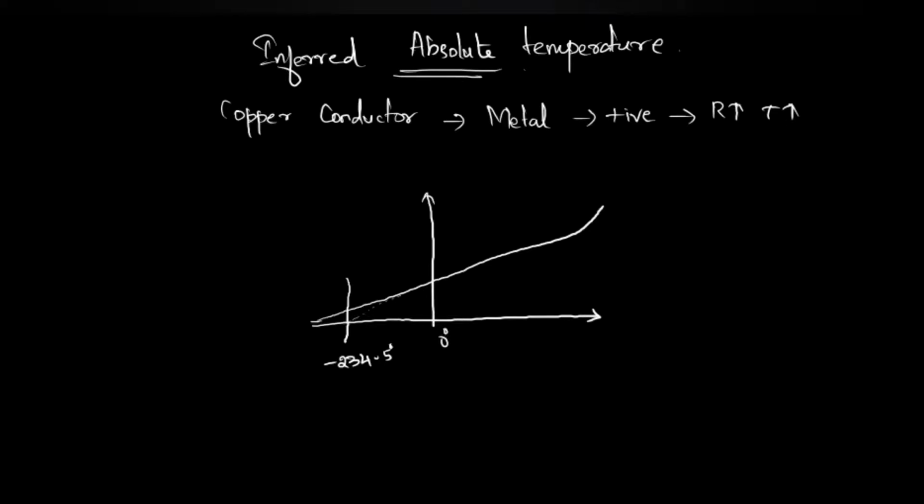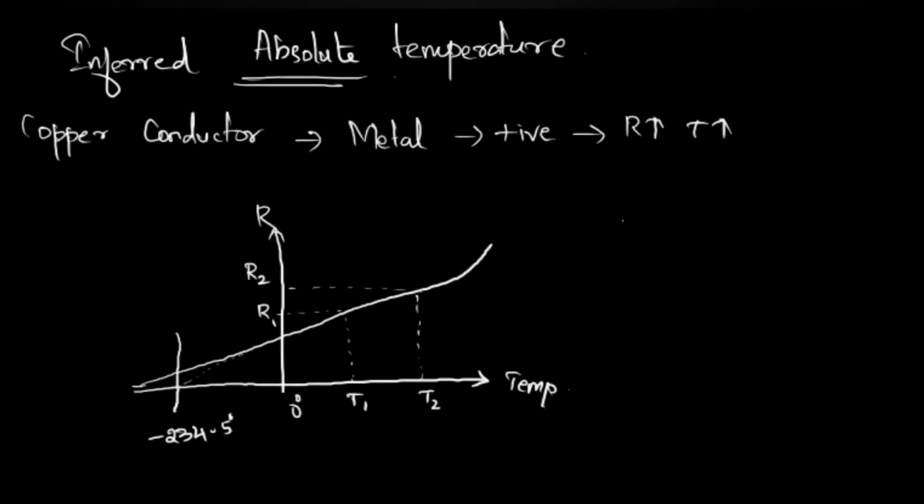Now we are considering two values of temperatures, temperature T1 and the resistance corresponding to this temperature T1 is R1, and we are considering another one, temperature T2, and resistance corresponding to this temperature is taken as R2.